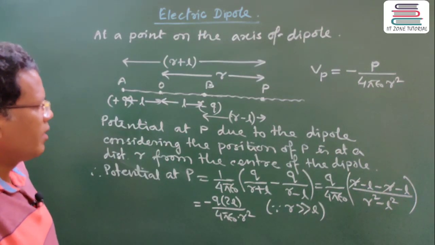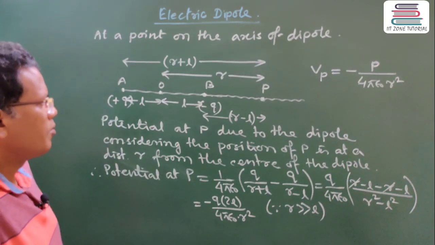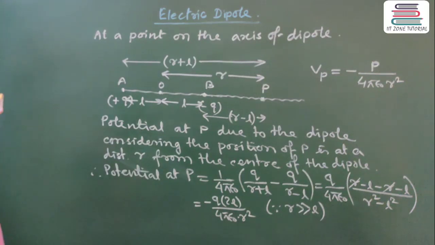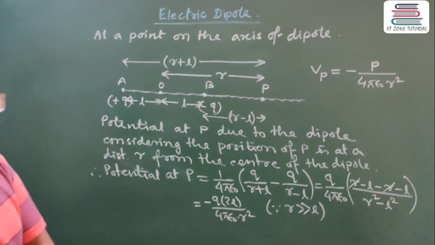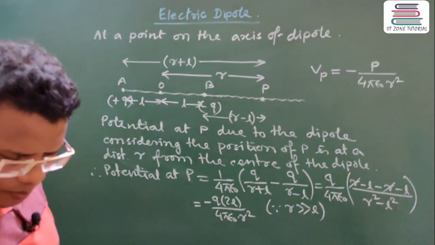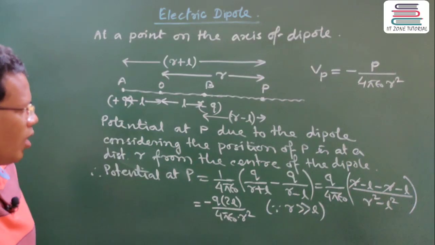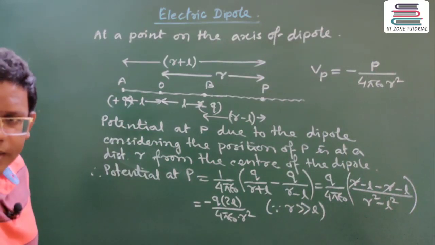Similarly, next we will find the electric field at the point P, which is a point on the axis of the dipole at a distance R. Clear? So first note down this, then I will do the next part, that is the electric field at R distance from the center of the dipole along the dipole axis.